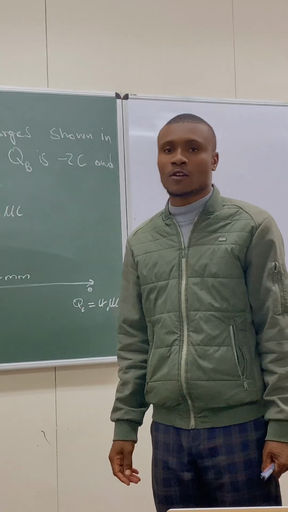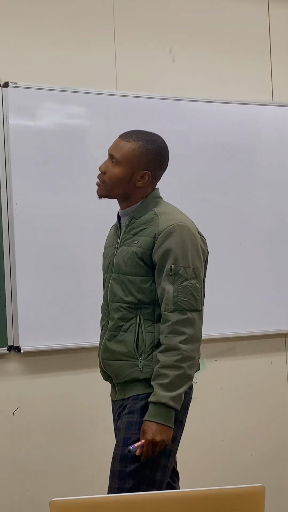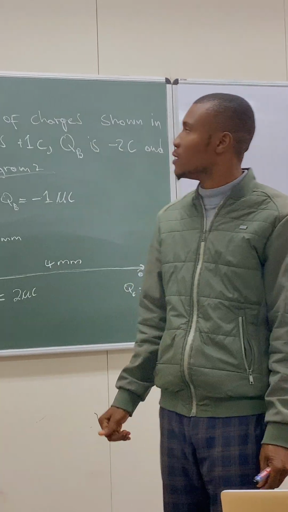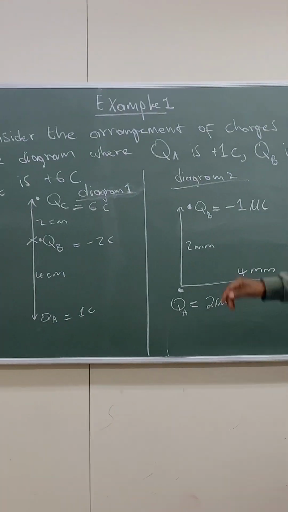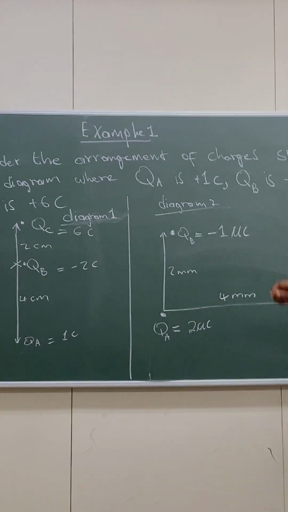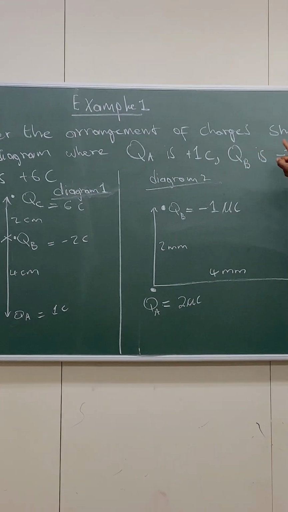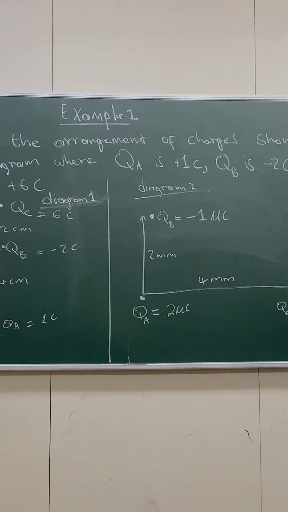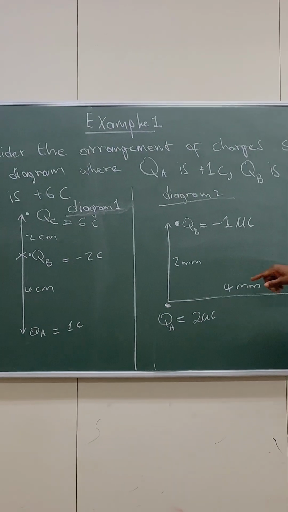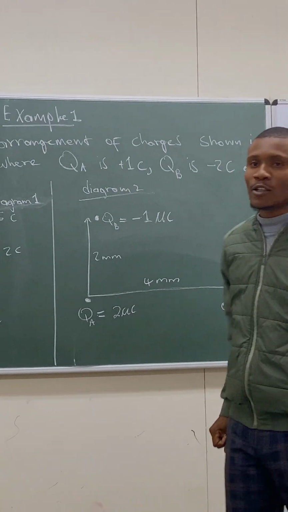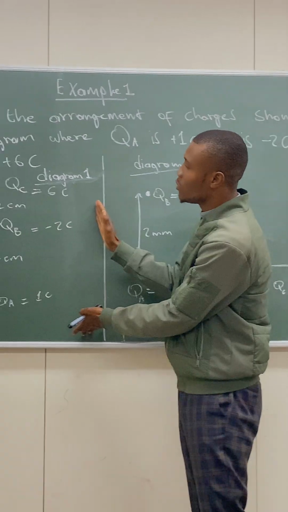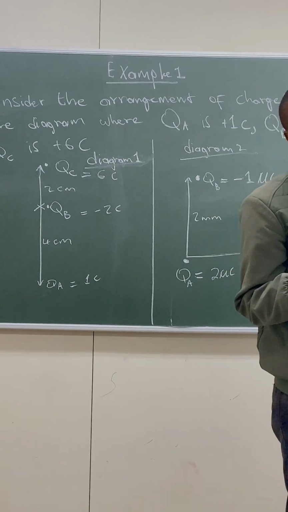Alright, I want us to look at this example. We have 2 diagrams, diagram 1 and diagram 2. They're saying consider the arrangement of charges shown in the diagram, where we have charges A, B, C. For our first part, I want us to look at one dimension.